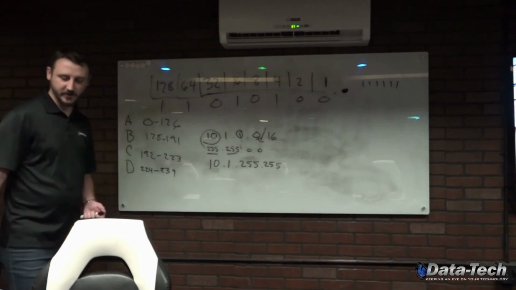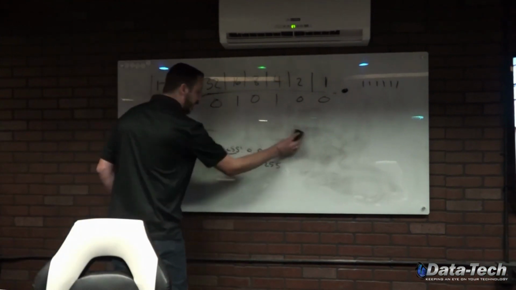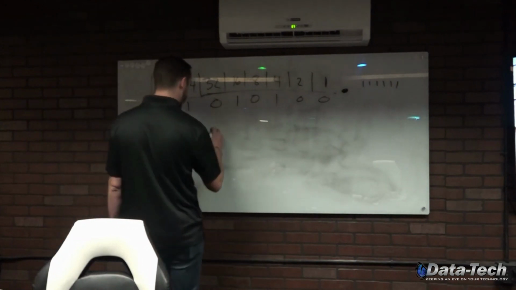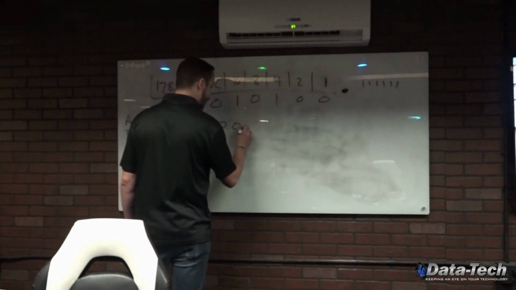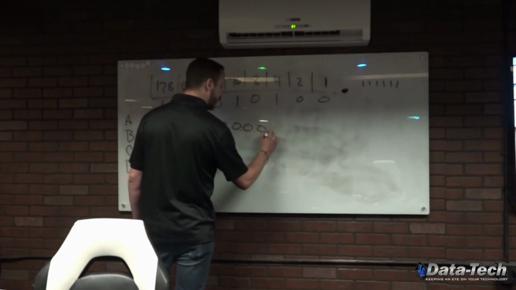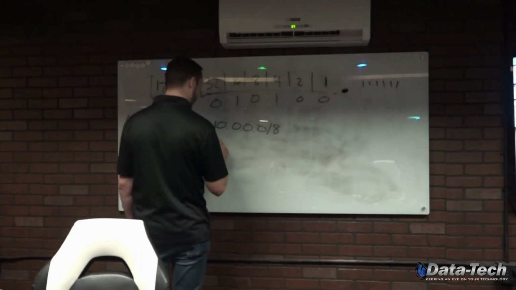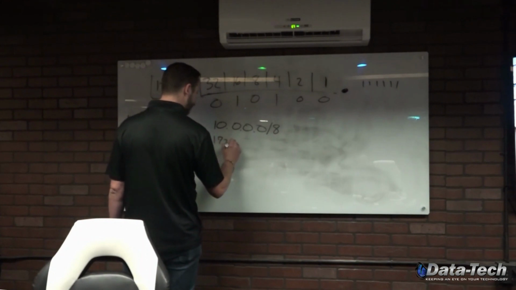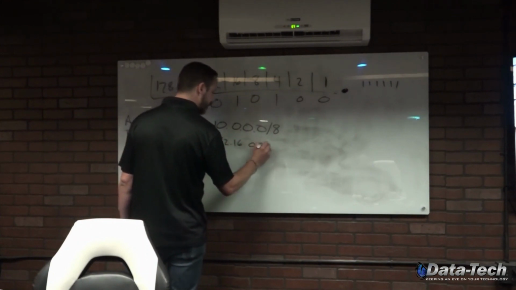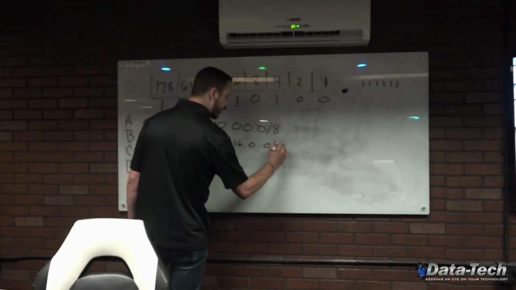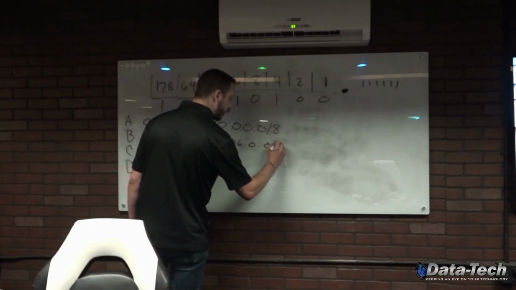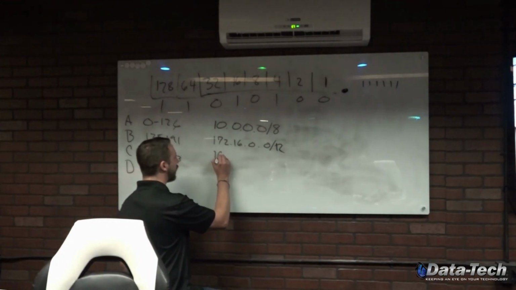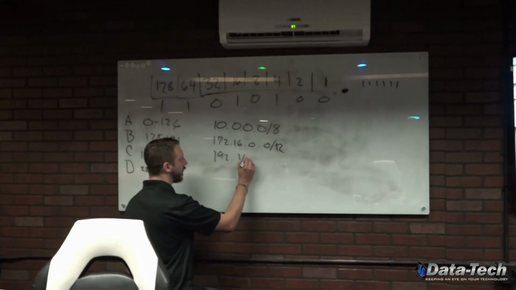Let me write it up here. I do 100% know my internal IPs. So these are your private IP ranges: 10, 172.16, and then you have 192.168, which we all know.